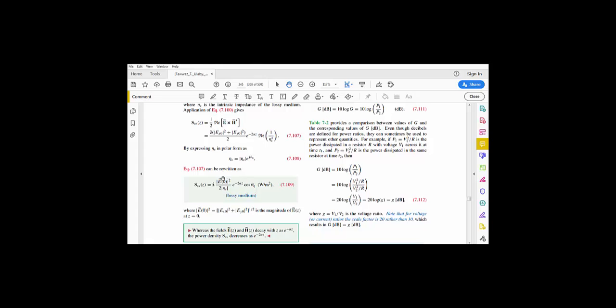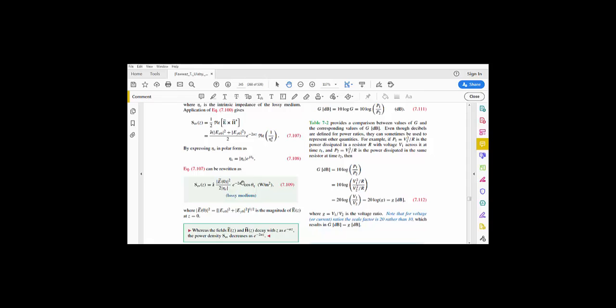So the final formula for the power density in lossy media will be equal to, the direction of this power density, as we said, is normal to the direction of E and H, so for example it's z, the magnitude of the electric field squared divided by 2, because we have average, multiplied by the magnitude of the complex intrinsic impedance, all multiplied by the function of the attenuation.